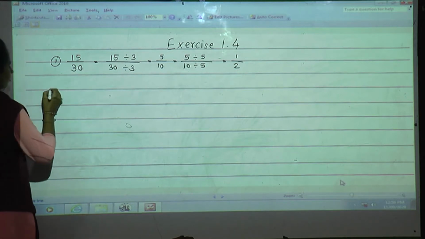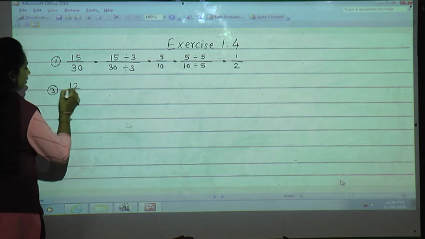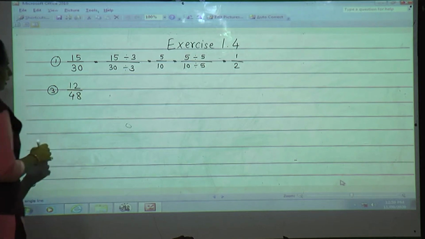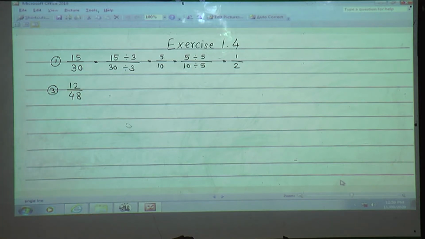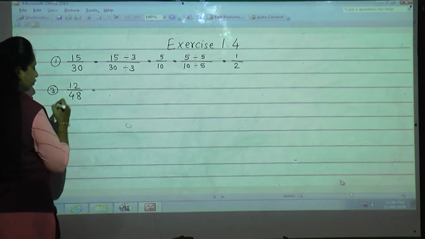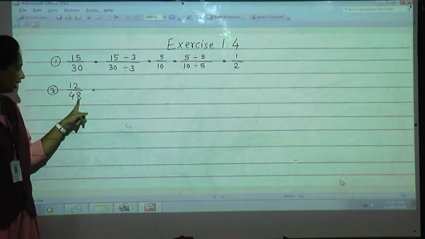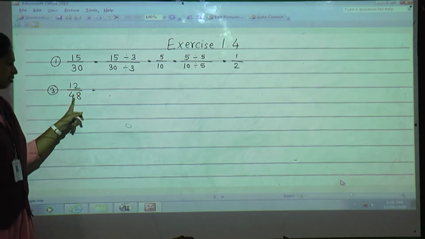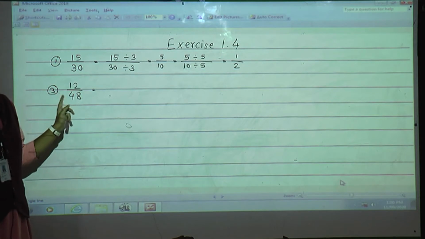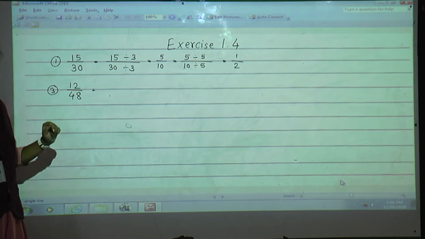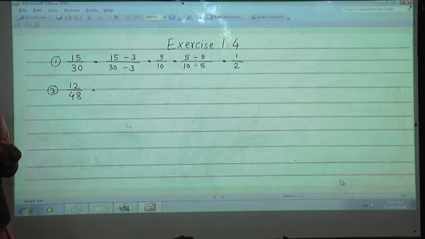Third one, 12 by 48. Now see, 12 by 48. Now 12 is an even number, 48 also an even number. See the last digit, ones place digit, 2 and 8. What is that? 2 and 8. 2 is an even number, 8 also even, because both the numbers are there in the 2 table, isn't it?